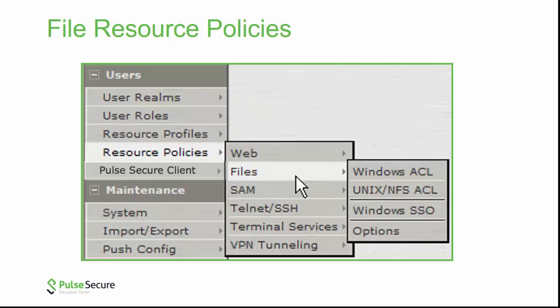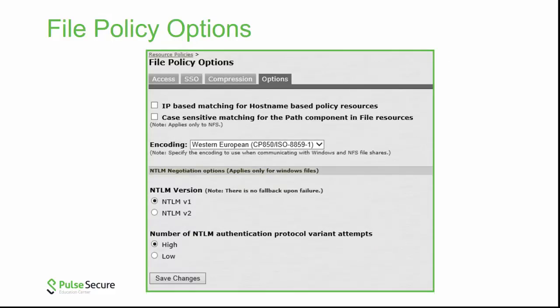When it comes to file policy options, there are a few options available. One option is IP-based matching for hostname-based policy resources. This allows Pulse Connect Secure to look up IP addresses corresponding to each hostname specified in a file resource policy.